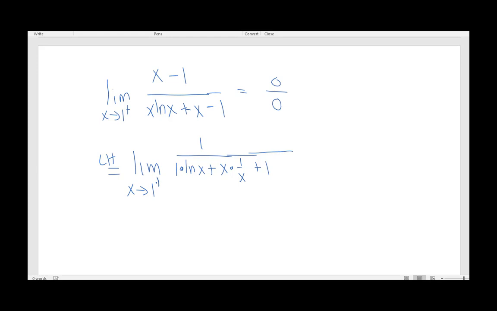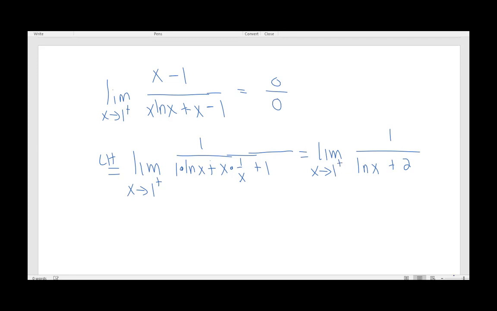So before I do anything else, let's do a little algebra cleanup. And there's not a whole lot of algebra cleanup to do. x times 1 over x is just 1. So I have the limit of, in the numerator, 1. And in the denominator, I've got ln x plus 1, and then plus 1. ln x plus 2 is what I end up with as x goes to 1 from the right.